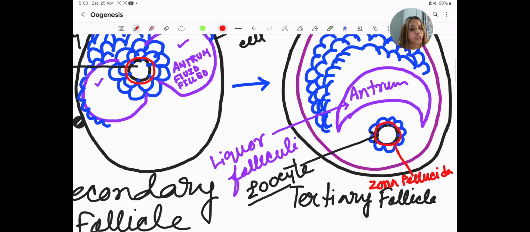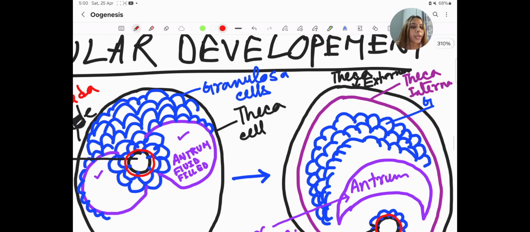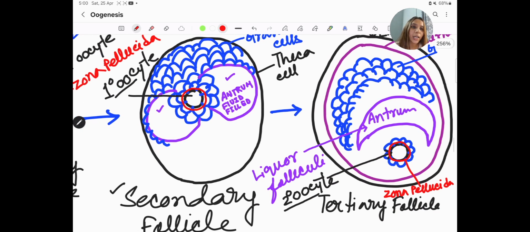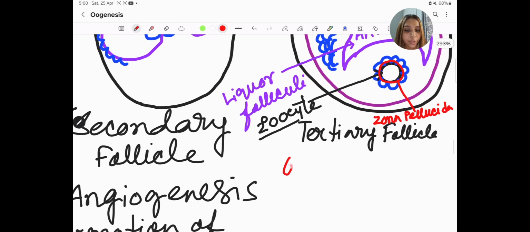The antrum becomes large, granulosa cell layers become enriched, and the theca becomes theca interna and theca externa. So this is the total development of the tertiary follicle, and this is named the Graafian follicle. This is the Graafian follicle.